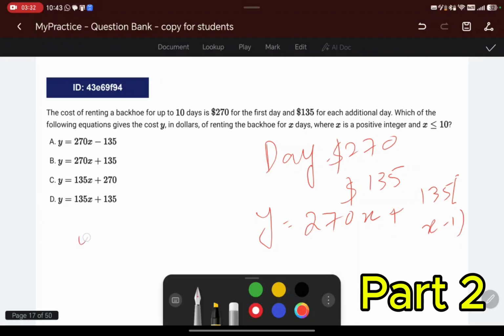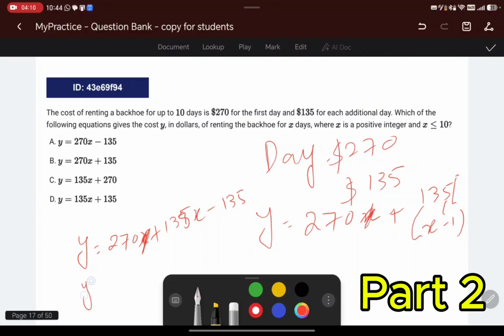So y is equal to 270, plus 135x minus 135, once it's multiplied by this and by this.